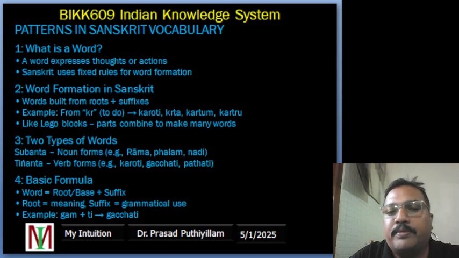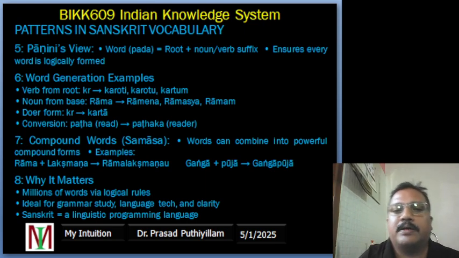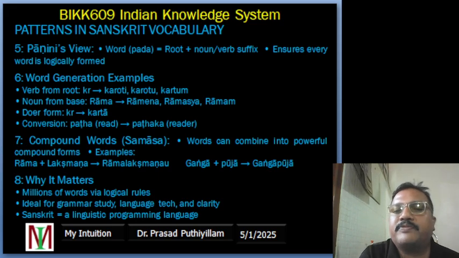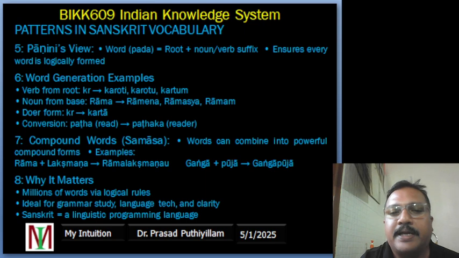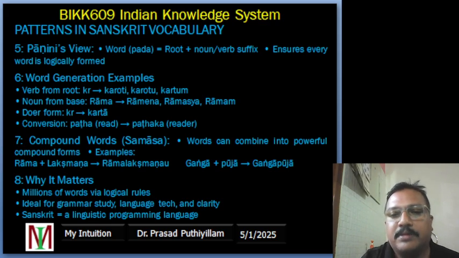Now we move on to Panini's view. He defined a word, or a pada, in his grammatical system, as a combination of a root and either a noun suffix or a verb suffix. This formal definition ensures that every word has a clear and logical structure, eliminating any guesswork in language use.